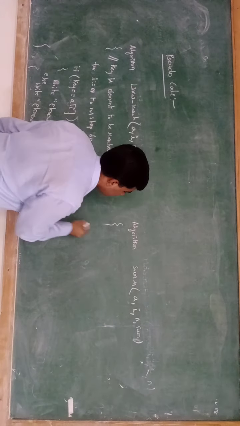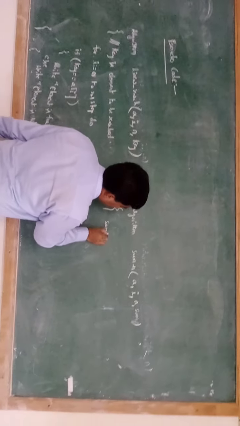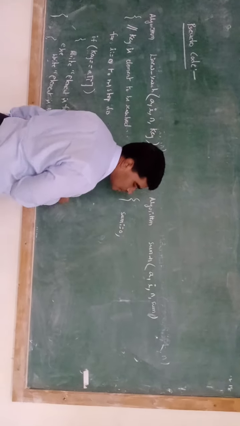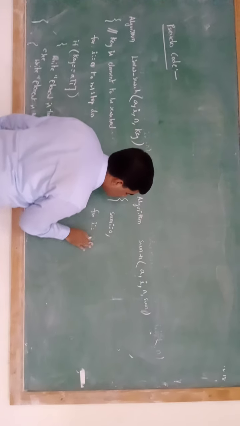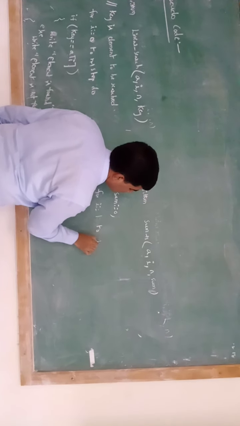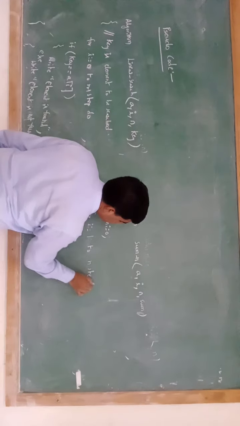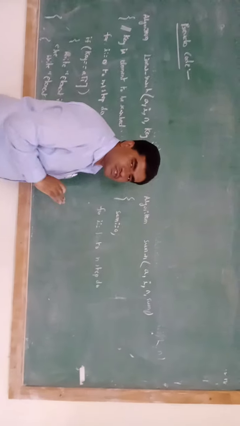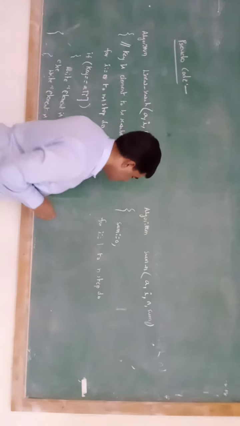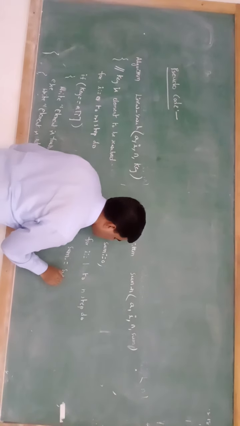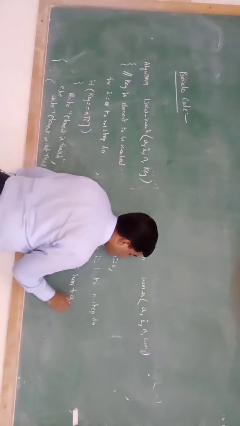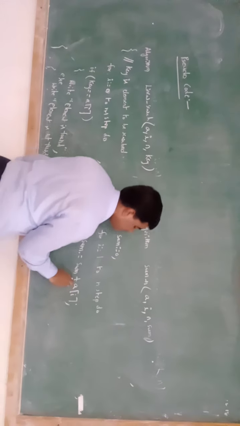So first sum = 0. For I := 1 to n, step 2, that means one by one the values we are storing in the array. Sum = sum + a of I. Here a of I means what?